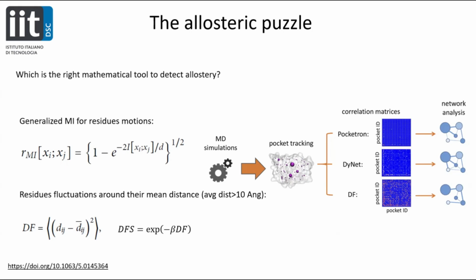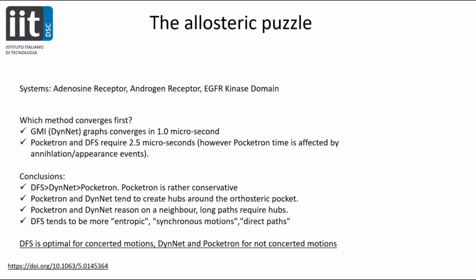But there are also generalized ways to look at correlation, like using the mutual information, which was done here. Starting from the pockets that you have in Pocketron, you have this atlas of pockets in your trajectory. You can build these correlation matrices, using different definitions of correlation to see the differences, because it's a complex phenomenon. Maybe one definition of correlation is not enough.